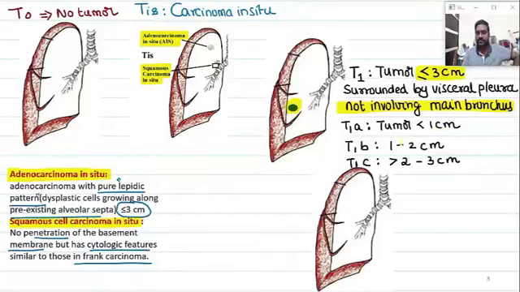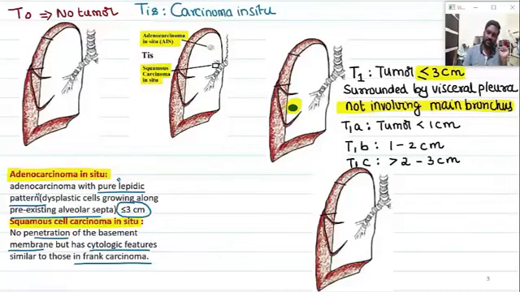It will be less than 1 centimeter. T1B will be 1 to 2 centimeter. T1C, more than 2 centimeter up to 3 centimeter. So whatever it is in T1, it is not going to exceed more than 3 centimeter. So it is very localized. It is surrounded by visceral pleura, and it is not involving the main bronchus.